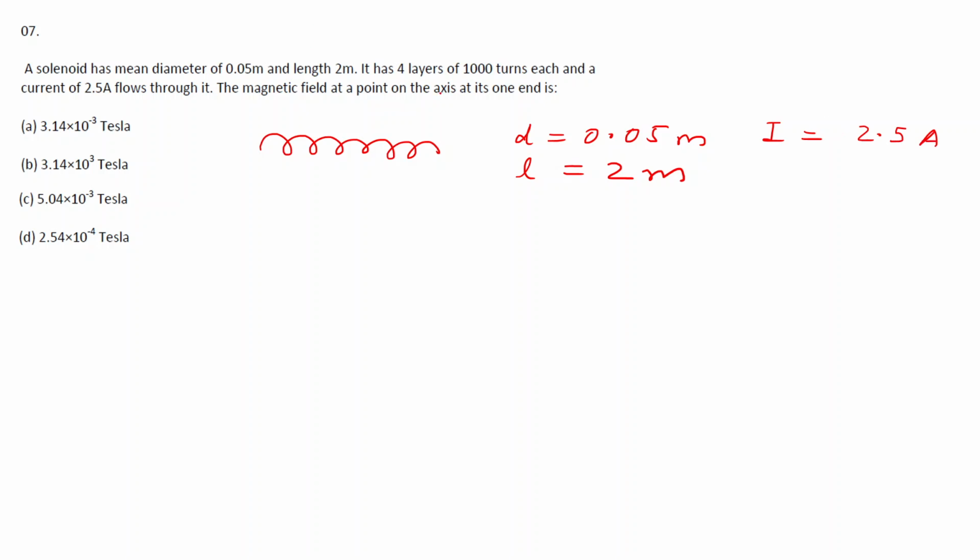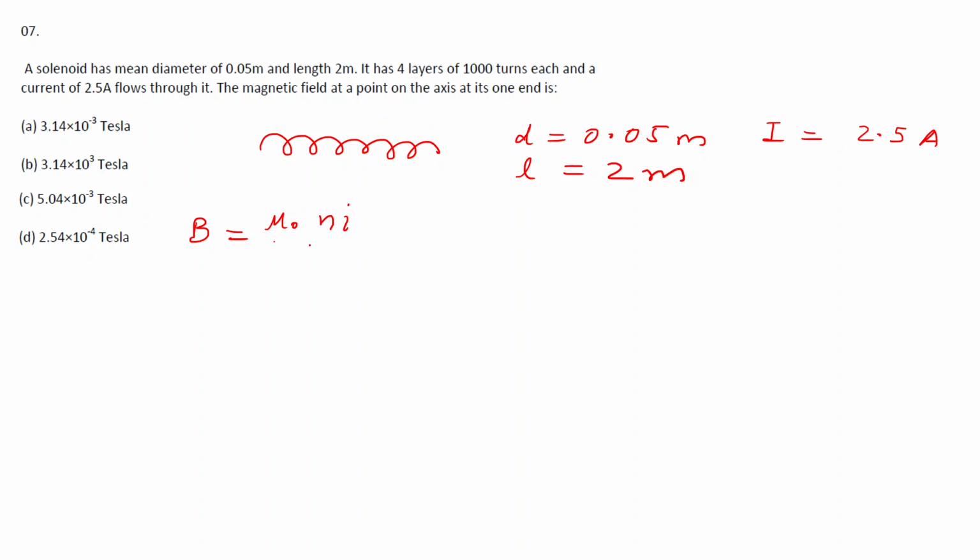The magnetic field at a point on the axis at one end. We did this last week: the magnetic field due to this kind of current carrying solenoid at one end of the coil will be mu naught n I over 2, where the small n is the number of turns per unit length.